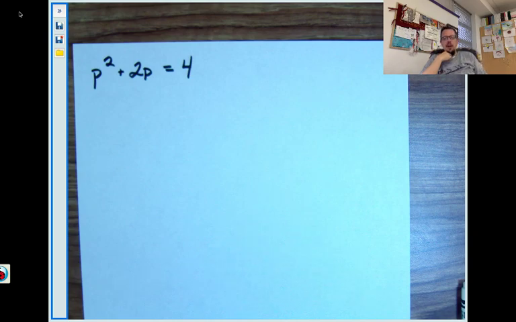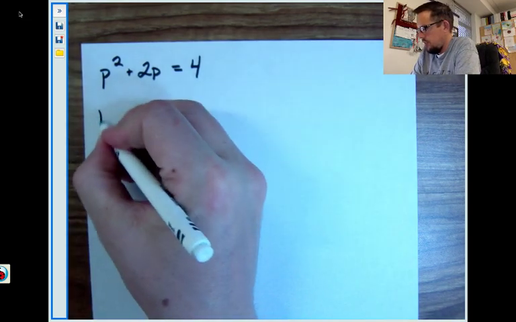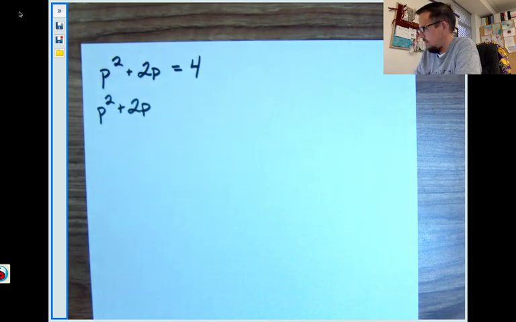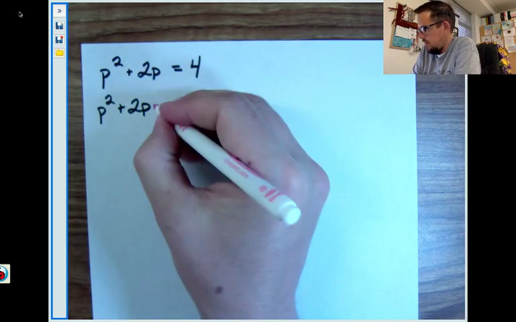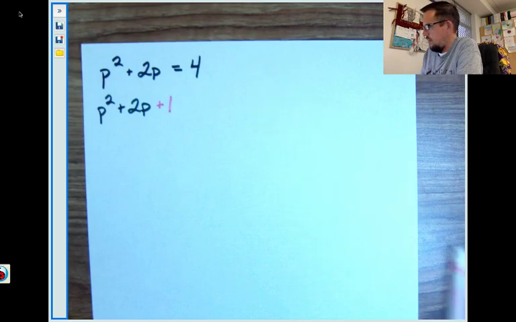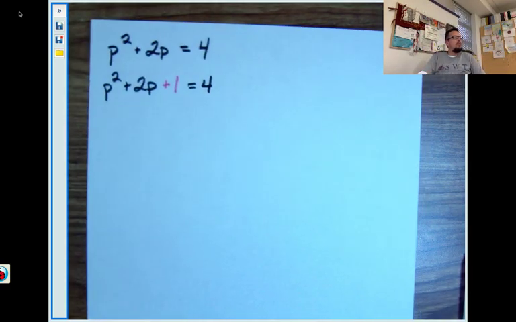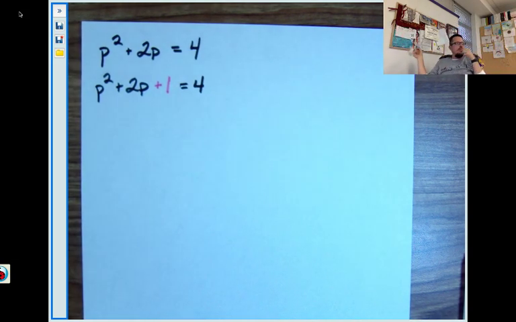Now I'm going to show you how to do this one. And let's see if you can tell me why this works. Can you tell me why a simple plus 1 solves all my problems? I wanted the left side to look like something squared.